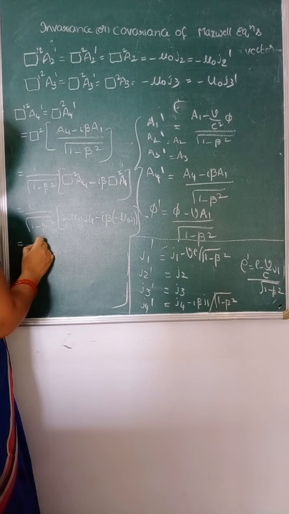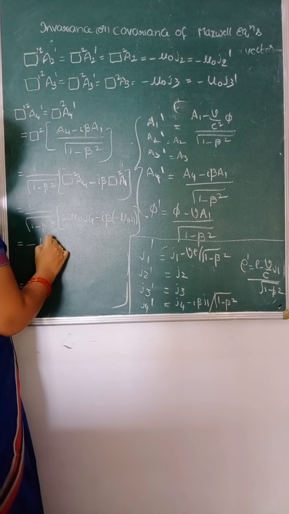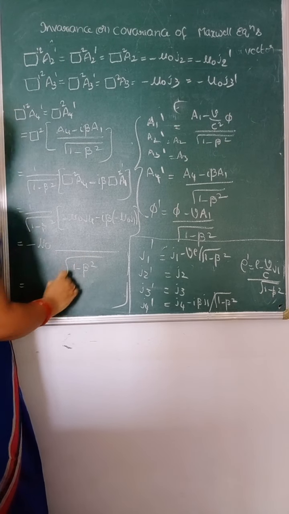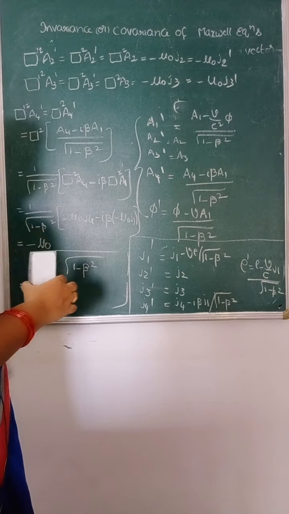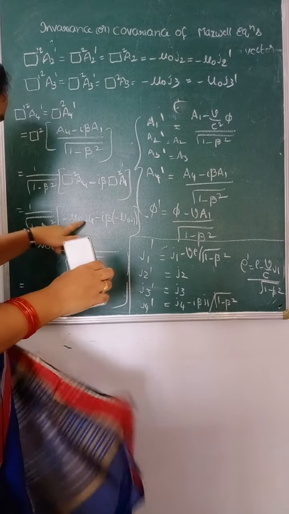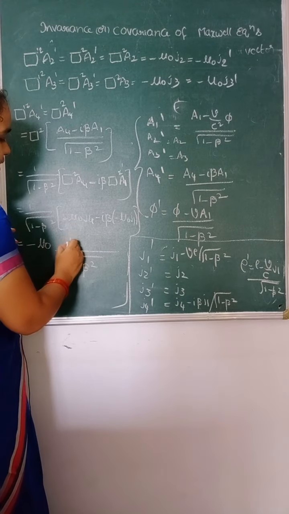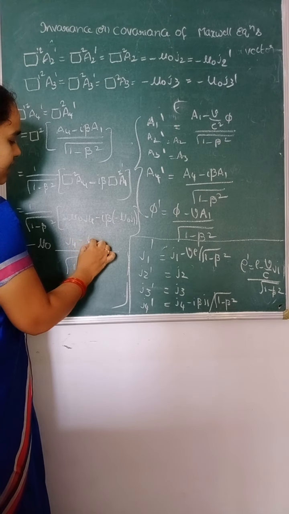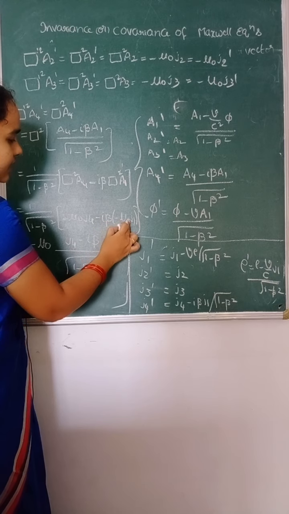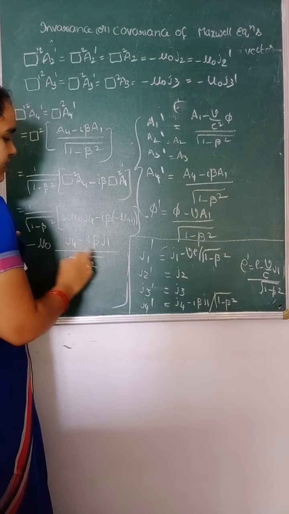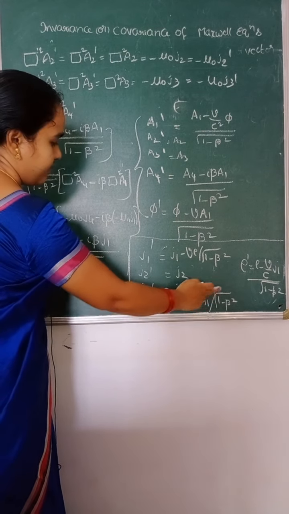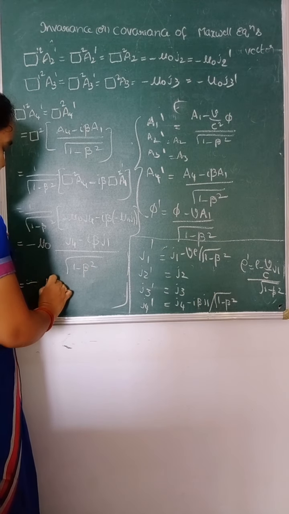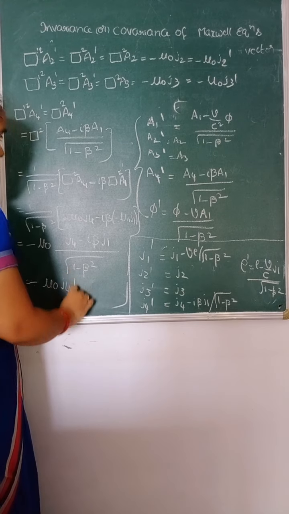So take minus mu naught common, root of 1 minus beta square. From this term minus mu naught is common, the remaining term is j4 minus I beta into j1. j4 minus I beta j1 by root of 1 minus beta square is j4 dash. We got minus mu naught into j4 dash.